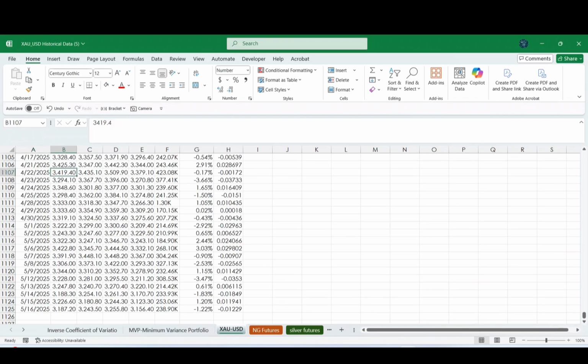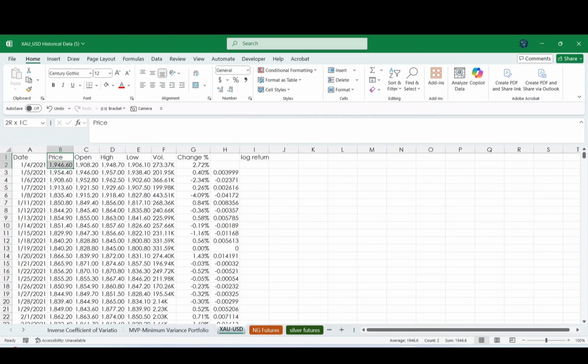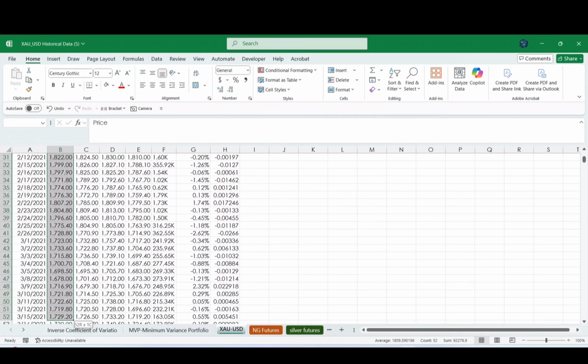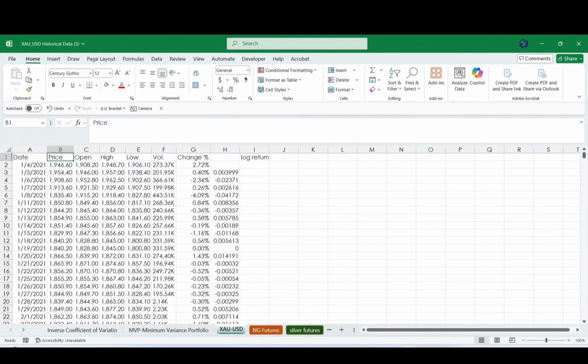For example, for gold, it will be the average of all these prices until the end. It can also be the average of the open price, by the way. It doesn't matter, but you have to be consistent. If you start with the last price, all your calculations have to be on the last price. If you start calculating on the open price, all your calculations should be on the open price.